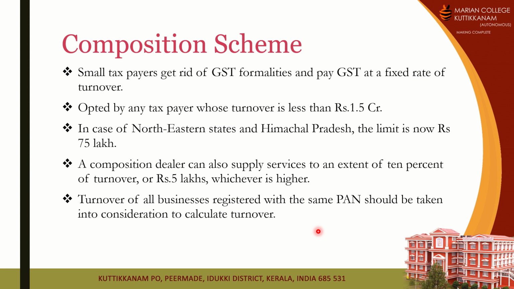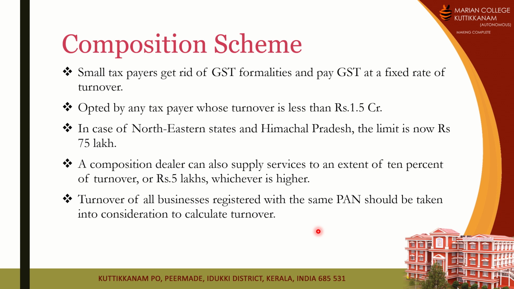Okay, so any taxpayer whose turnover is less than 1.5 crore can opt for the composition scheme, where the small taxpayers get rid of all the GST formalities and can pay a GST amount at a fixed rate of their turnover. In this case, the turnover means the turnover of all businesses registered with the same PAN.